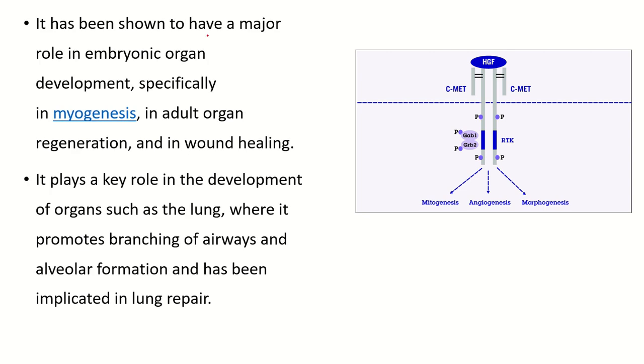It has been shown to have a major role in embryonic organ development, specifically in myogenesis, in adult organ regeneration, and in wound healing. It plays a key role in the development of organs such as the lung, where it promotes the branching of the airway and alveolar formation and has been implicated in lung repair.